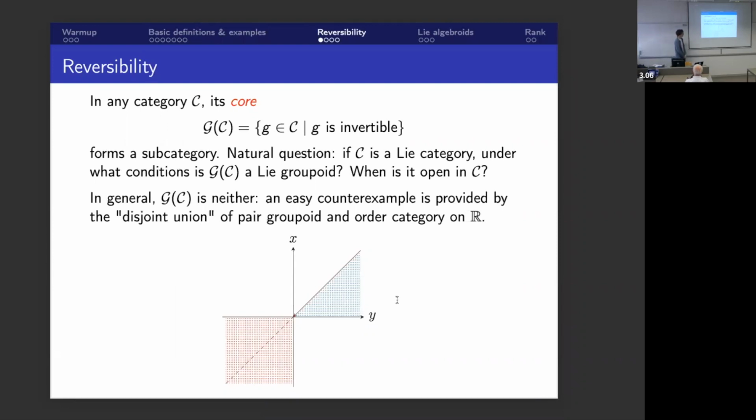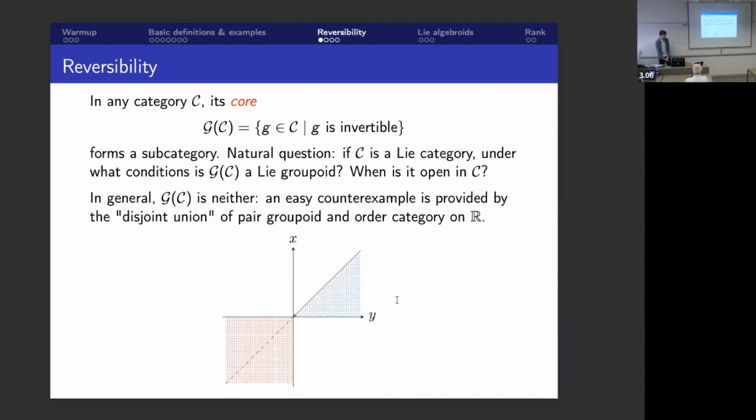because we're allowing our category to have a boundary. If we just take the disjoint union of the pair groupoid and the order category, we can invert here, and this is a two-dimensional manifold. Here, we cannot invert. The only invertibles are on the diagonal, and this is something one-dimensional. So we have a set consisting of two different dimensions.